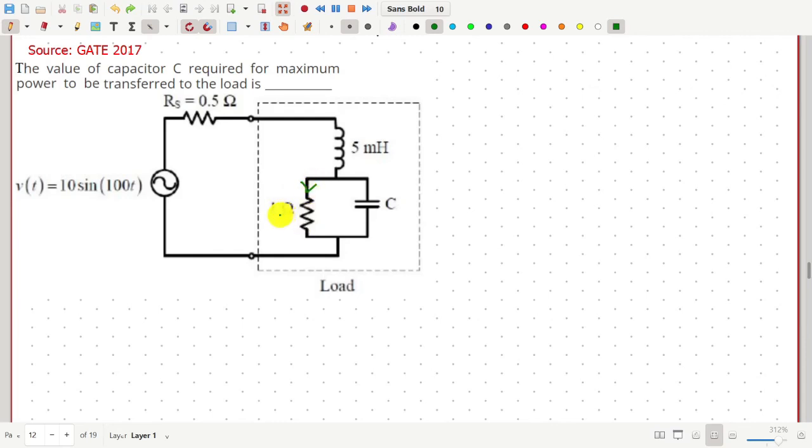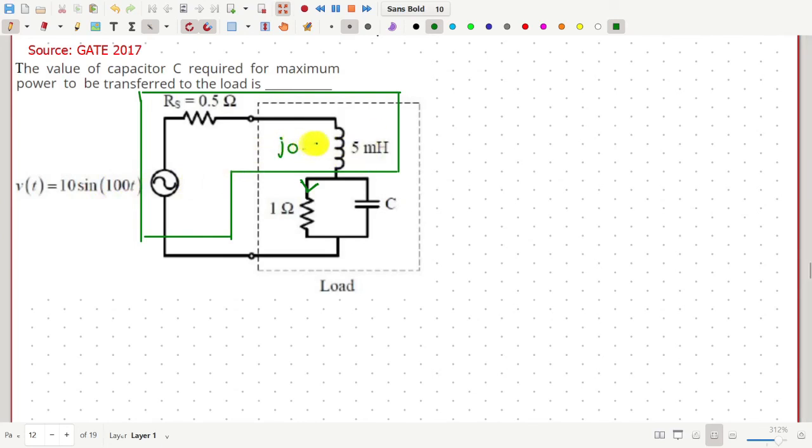Now let us consider this part of the circuit and convert it into its Norton equivalent. For that, first let us find out the impedance of this inductor. So that will be J omega L. Omega is 100, L is 5 milli. So that will be 0.5 ohm.